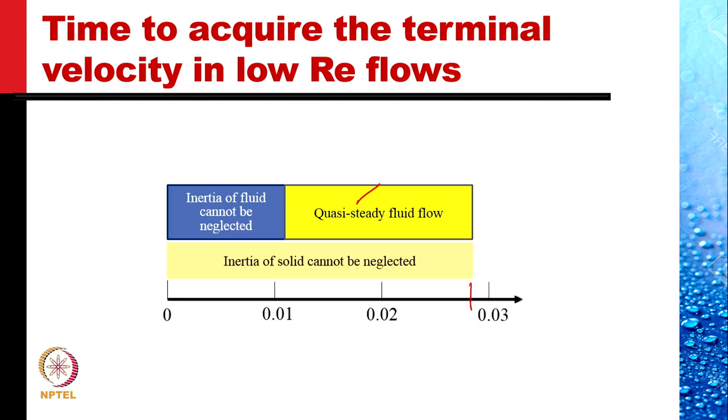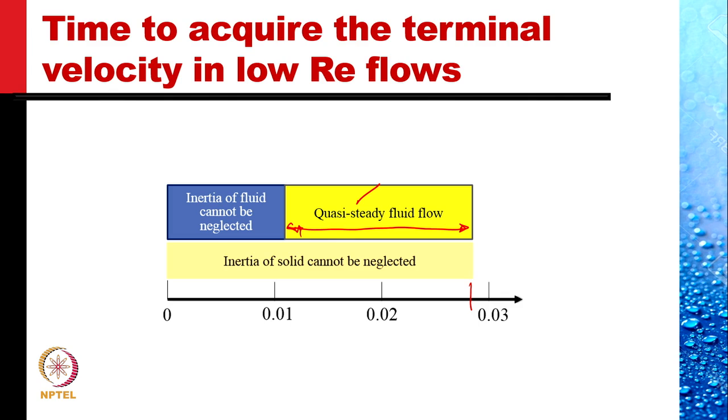That is, the sphere is still accelerating during this time, but the motion of the fluid can be considered to be quasi-steady. That is, at any instant during this interval, the fluid would behave like a steady flow, except that the velocity of the fluid is changing.